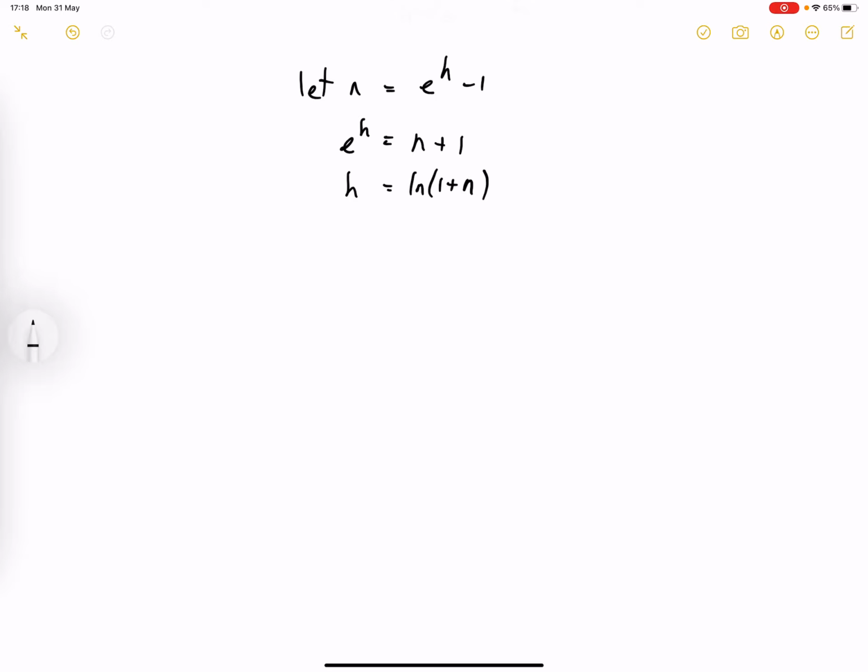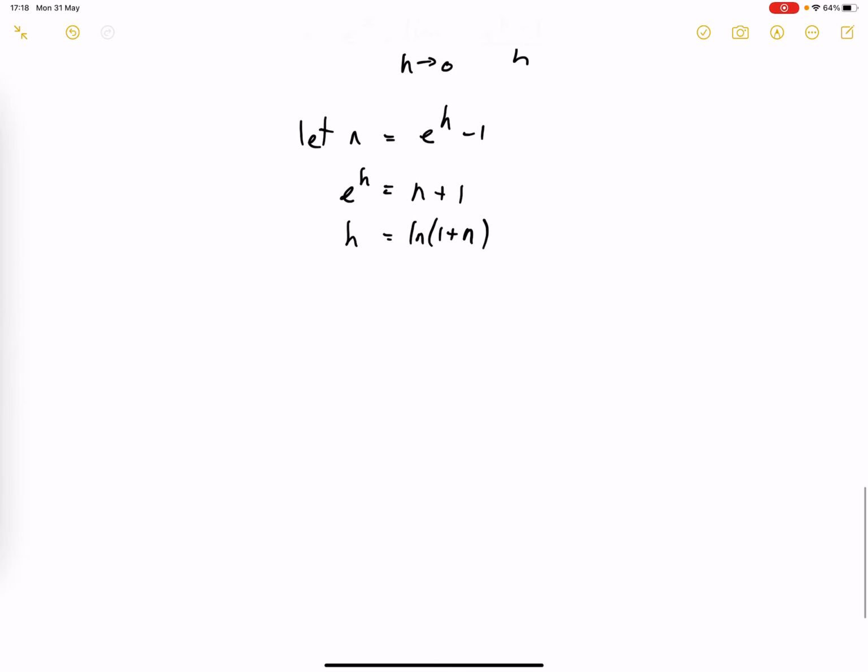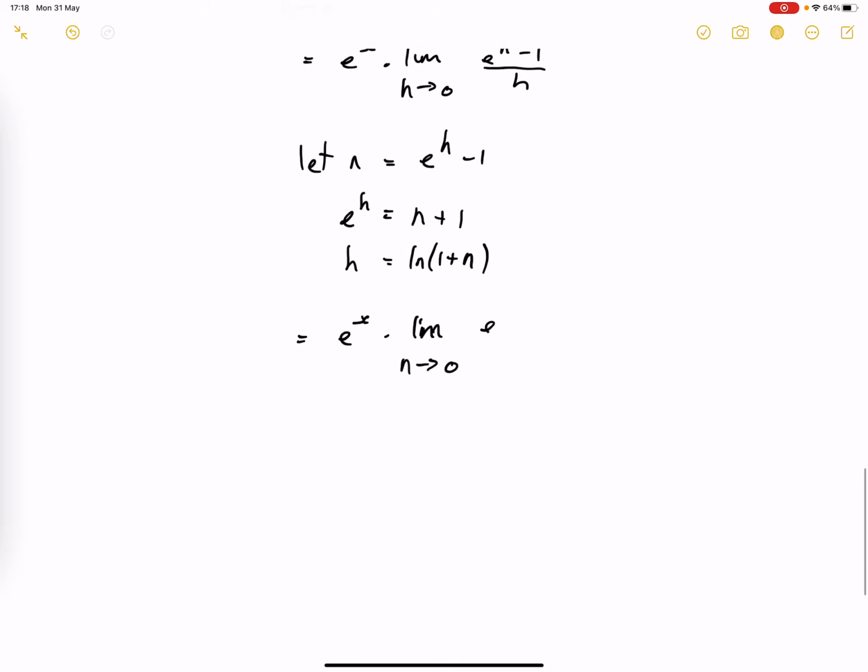Okay, so going back to our original equation, I have e to the x times the limit as n tends to 0, because I'm now working with n tends to 0, of e to the ln of 1 plus n, minus 1, all over ln of 1 plus n. I'm writing these out a single step at a time.